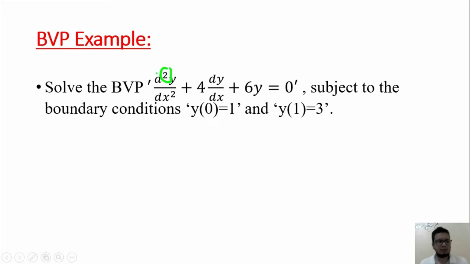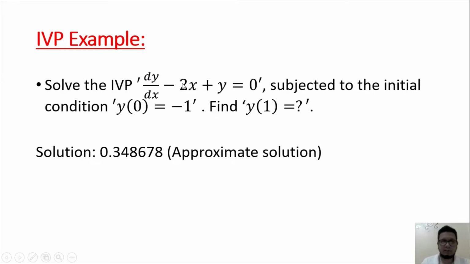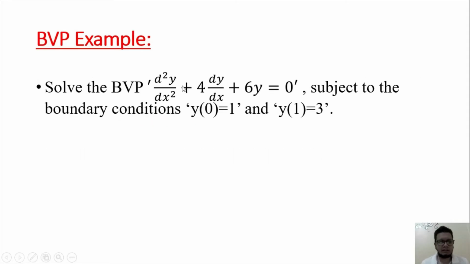So this degree of a differential equation is also very important. If it is 1, you need only one condition to solve your problem, whereas if the degree is 2, you need minimum 2 conditions to solve the problem. So this is the main difference.